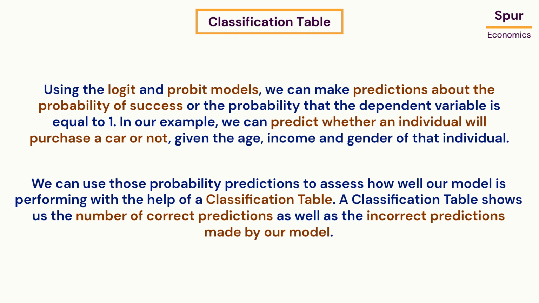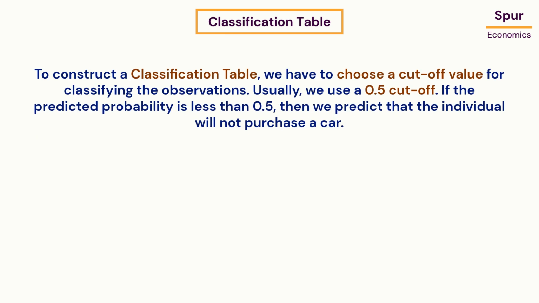A classification table shows us the number of correct predictions as well as the incorrect predictions made by our model. To construct a classification table, we have to choose a cutoff value for classifying the observations. Usually, we use a 0.5 cutoff. If the predicted probability is less than 0.5, then we predict that the individual will not purchase a car.